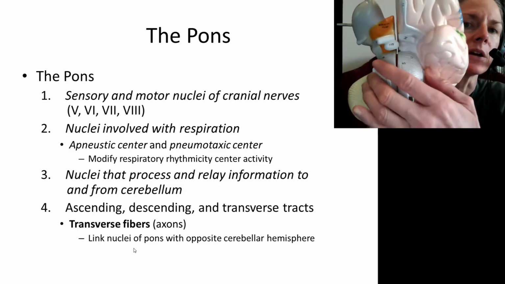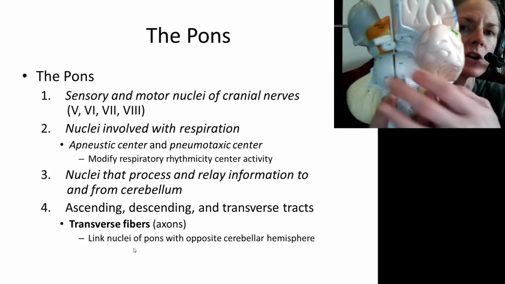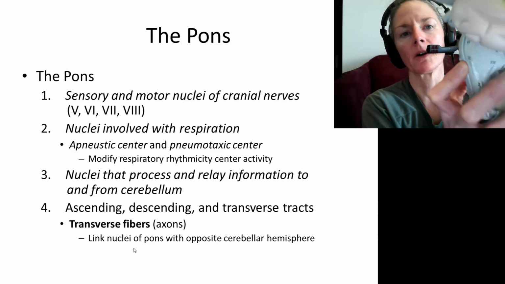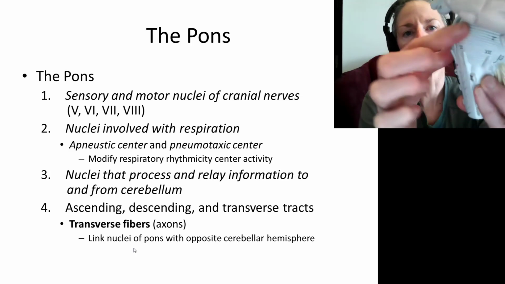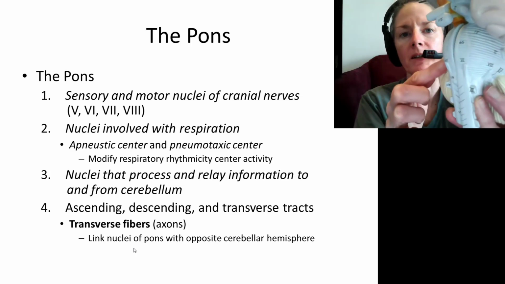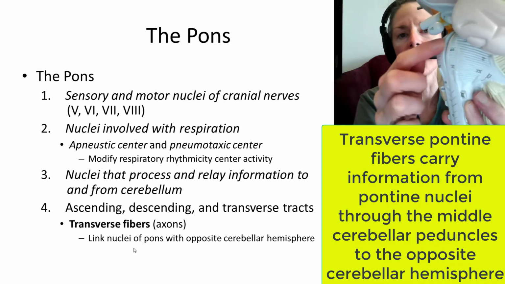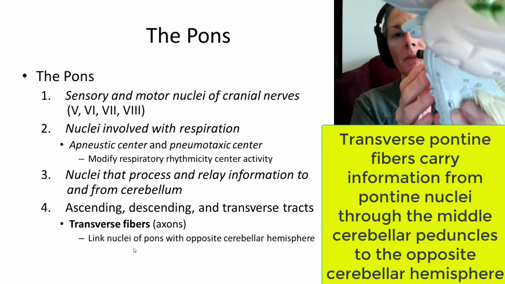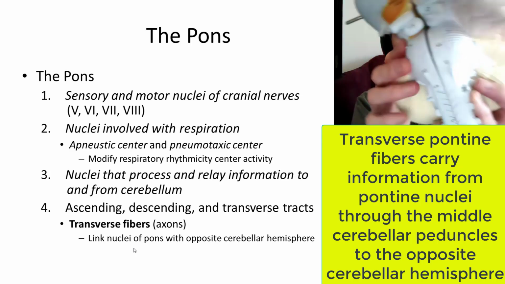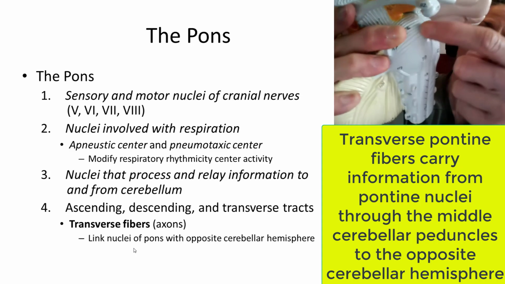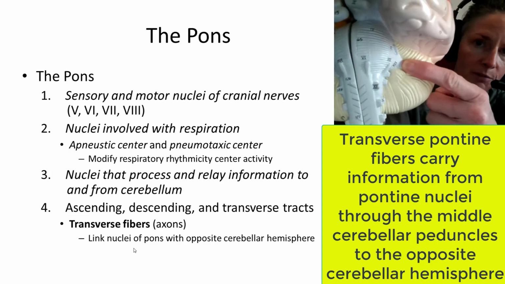Remember, pons means bridge, and it looks very much like a bridge out there in the front of the brainstem here. So the pons is this part right here. And these are the transverse pontine fibers that are white matter tracts, and they're going to be relaying information from the pons to the cerebellum. And they're going to be relaying information from pontine nuclei on one side to the cerebellum on the opposite hemisphere.